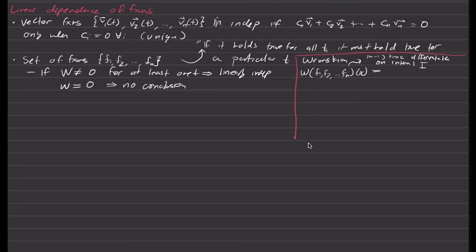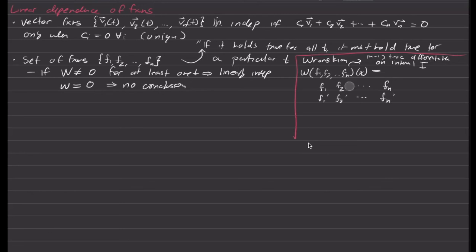The Wronskian is determined as the determinant of a very special matrix. We're going to put all of our functions, f1, f2, all the way up to fn. In the next row, we take the first derivative: f1 prime, f2 prime, dot dot dot, fn prime.